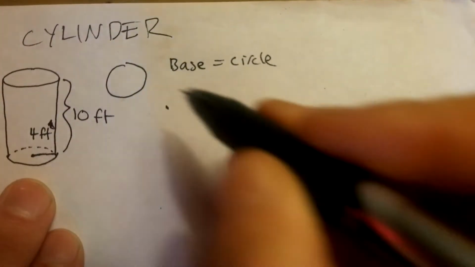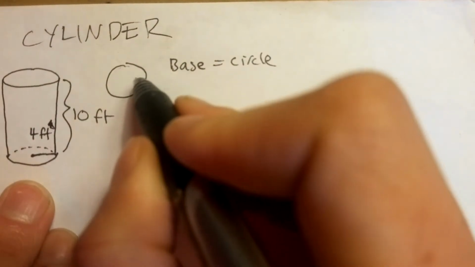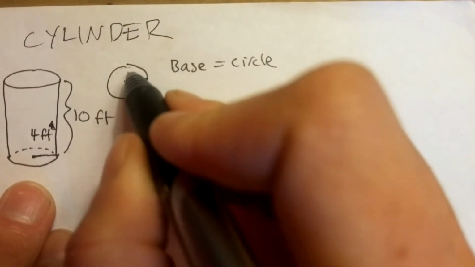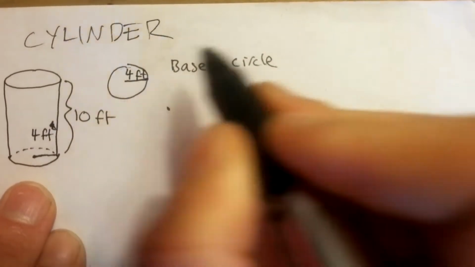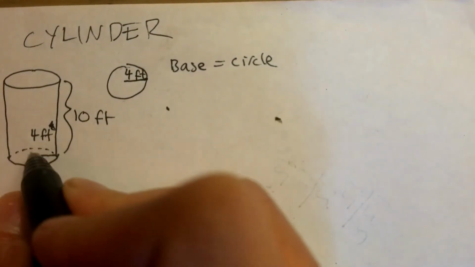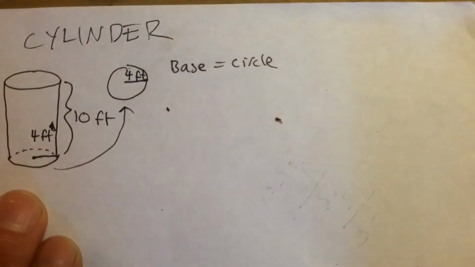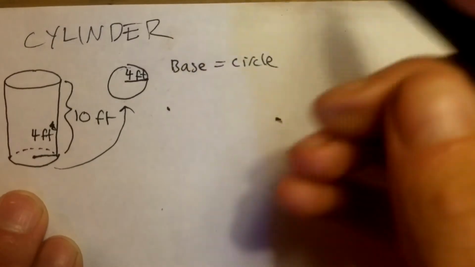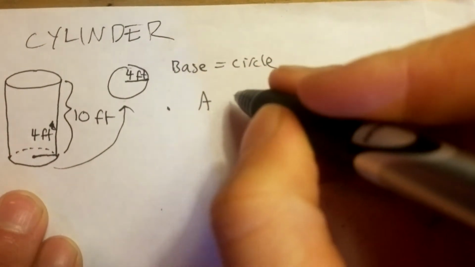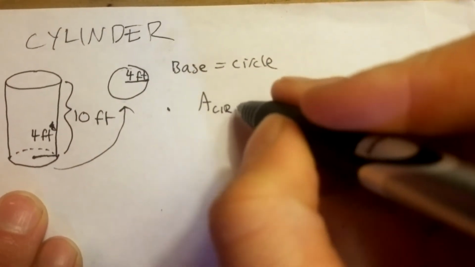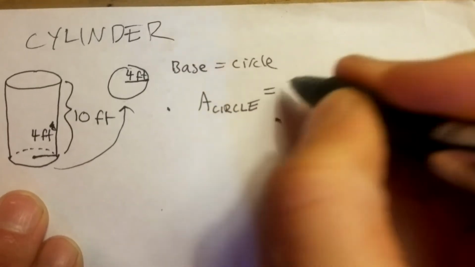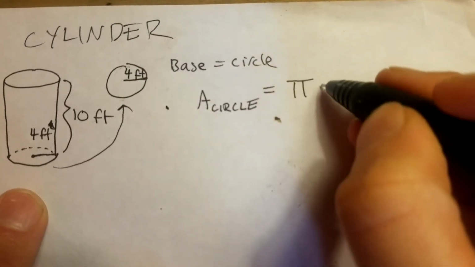Not square, just feet. So that means that the base of this circle has a radius of 4 feet. This base right here is redrawn. So the area of a circle is pi times the radius squared.